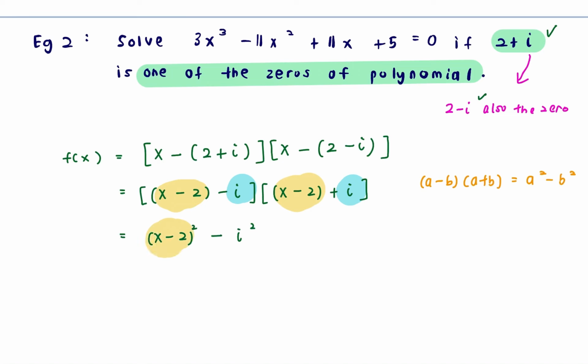So again, this is your a and this is your b value. So just expand. (x minus 2) squared is x squared minus 4x plus 4. Minus i squared is always negative 1. Simplify further. You have x squared minus 4x plus 5.